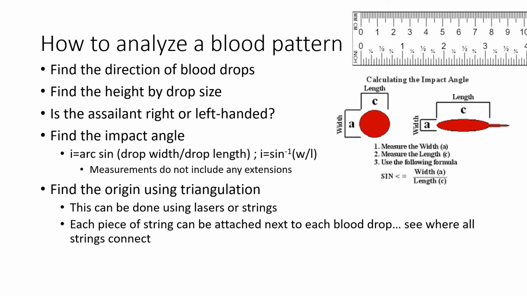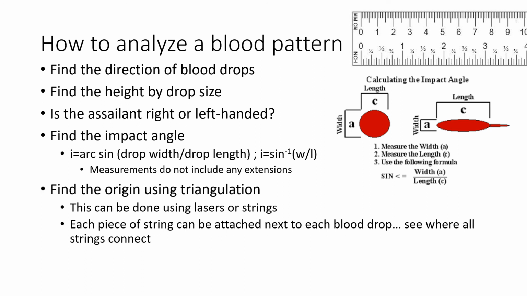So the formula for it, and it doesn't let me type it very nicely, is the arcsine, which is that sine^-1 on your calculator, of the drop width divided by the drop length. So in general, it's a smaller number divided by a bigger number, always. But the drop width divided by the drop length. When you input that, that gives you the angle of impact.